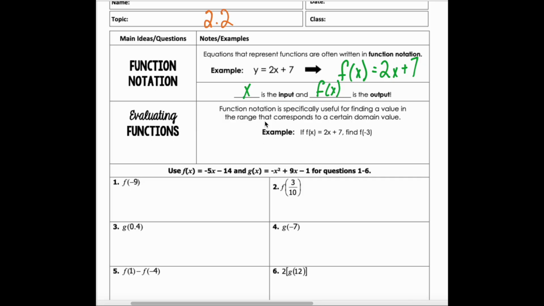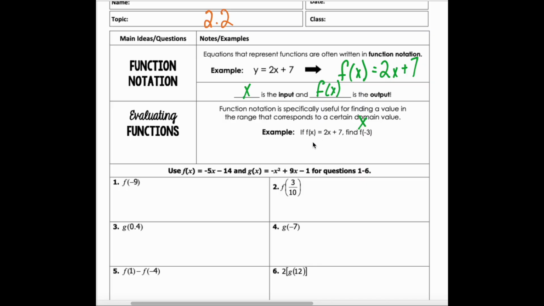Function notation is especially useful for finding a value in the range that corresponds to a certain domain value. The domain is our input, and we're really familiar with our input being x. Of course, your output is your y, and that is going to be your f of x now.